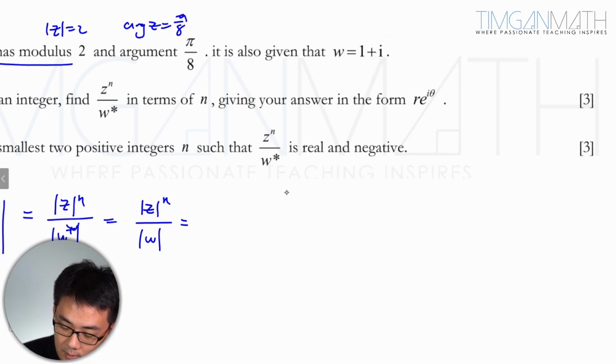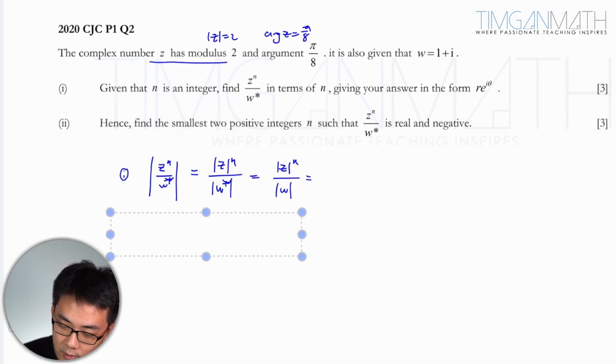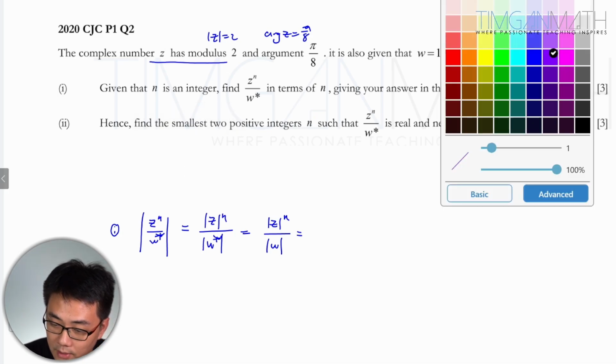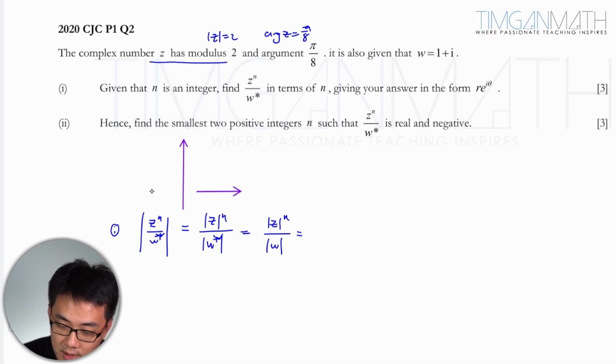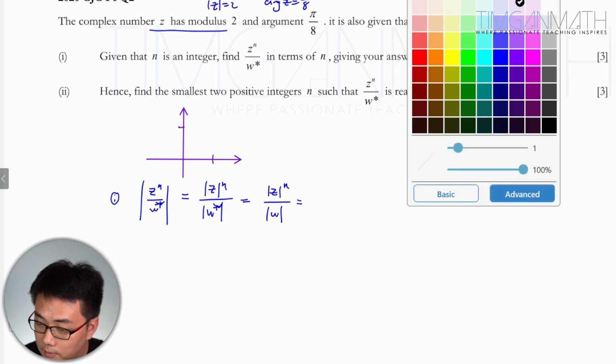So you see W, I'm just going to write this out. If we write down W, I'll just draw it out for you, okay? But if you can visualize it, just do it. It's faster to know that it's just 45 degrees, okay?